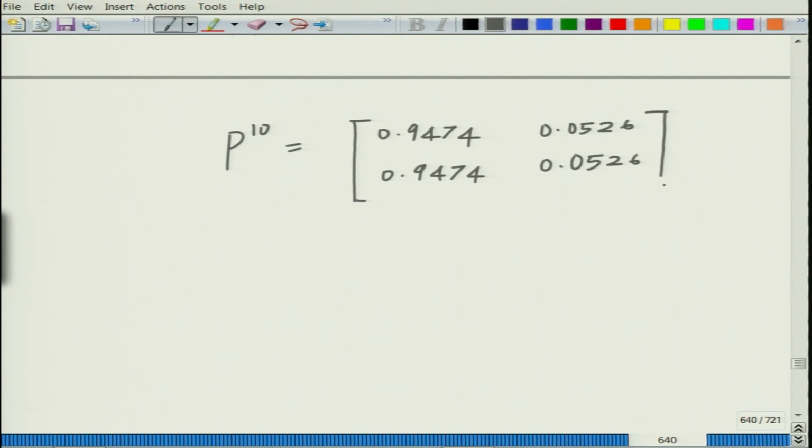What you observe is that both rows are the same. That is, in the 10-step transition probability matrix P raised to the power of 10, both the rows are the same.